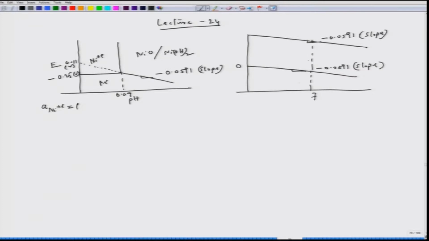Of course, we have seen that below this line, reactions for the acidic part would happen, and on the right side basic reactions would happen.